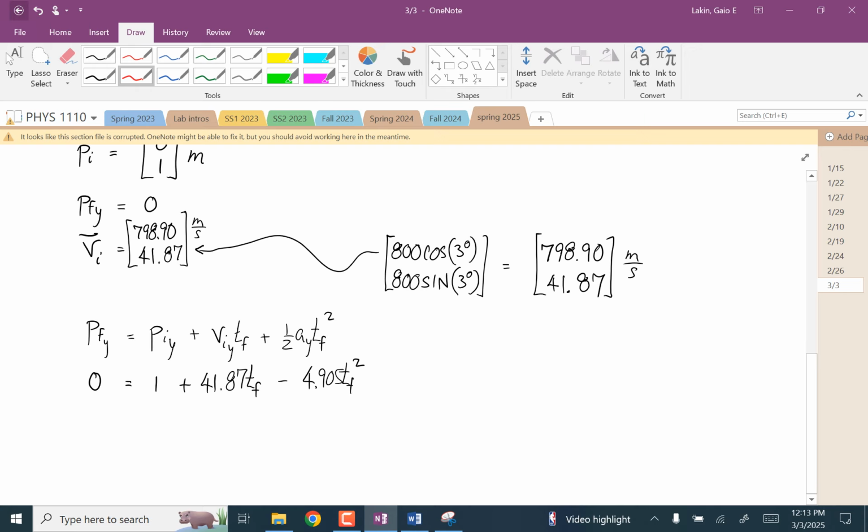So since we have a quadratic term, a linear term, and a constant term, the quadratic formula is the best way to go. So here's our A, here's our B, here's our C.